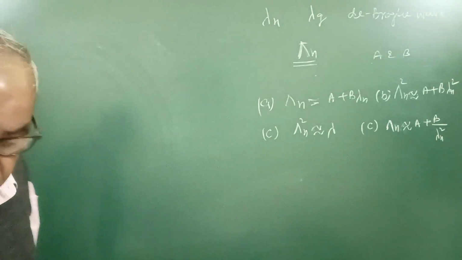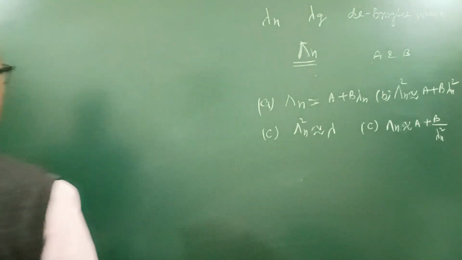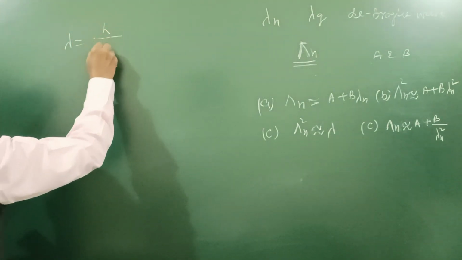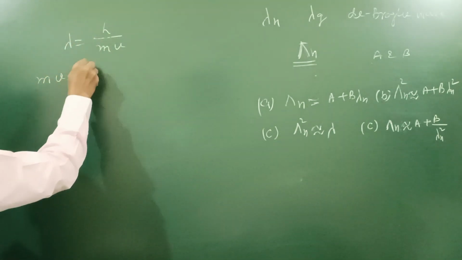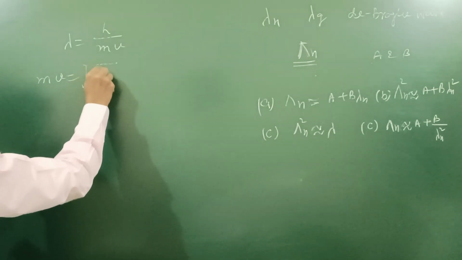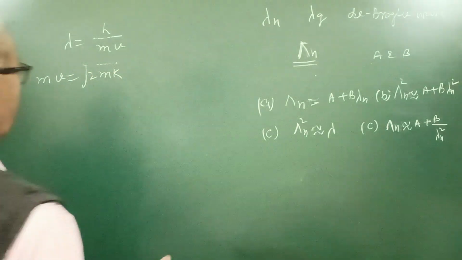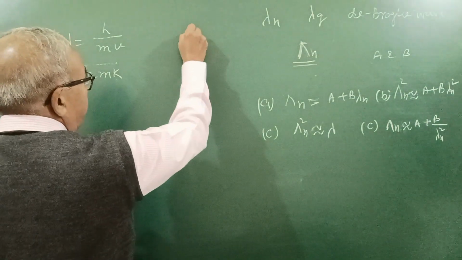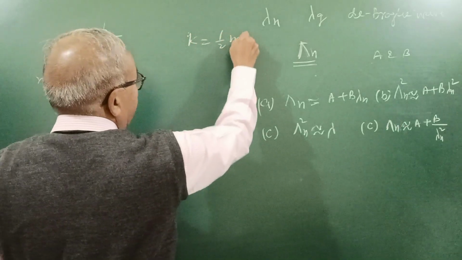We know de Broglie wavelength lambda is equal to h upon mv, and mv is equal to root 2mK, where K means kinetic energy of electron. Let me prove it: kinetic energy is half mv square.